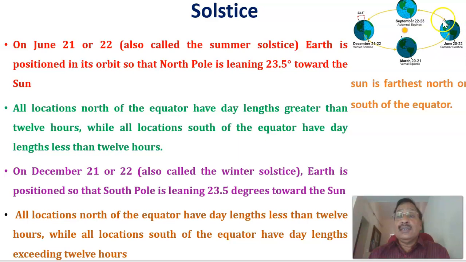This is the position during June 21 to 22. And during this period, all locations north of the equator will have a day length greater than 12 hours, while locations on the southern side of the equator will have a day length less than 12 hours.